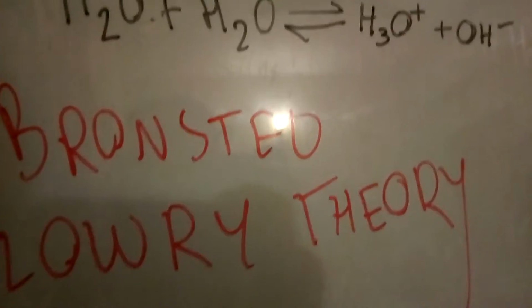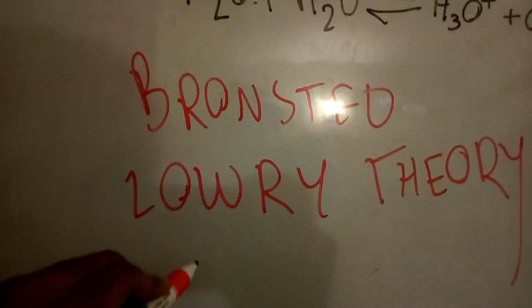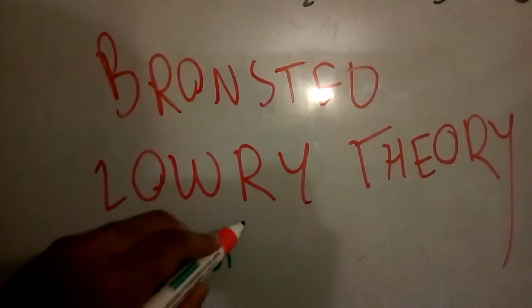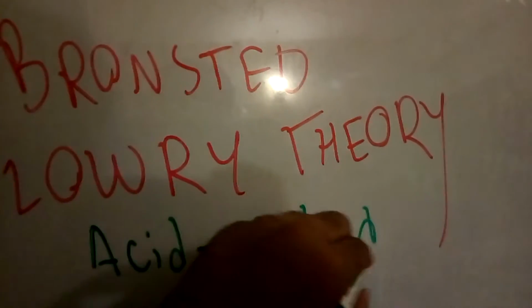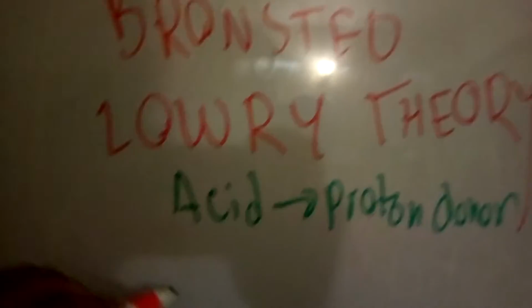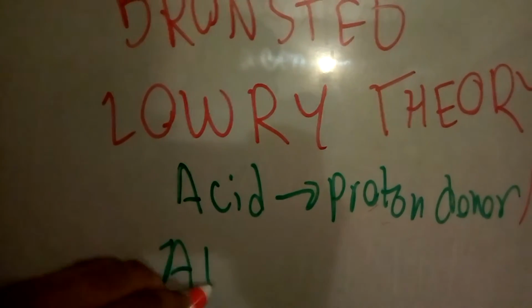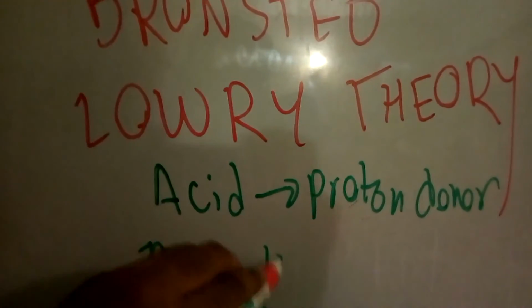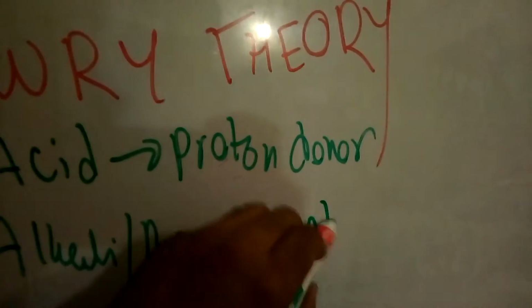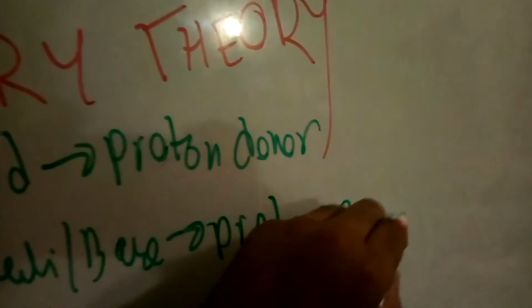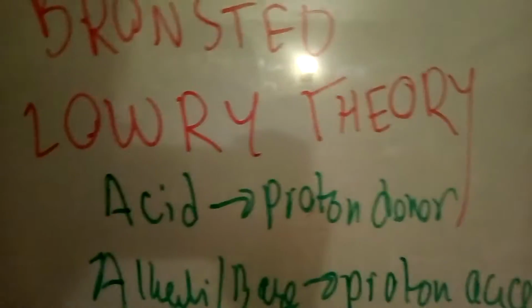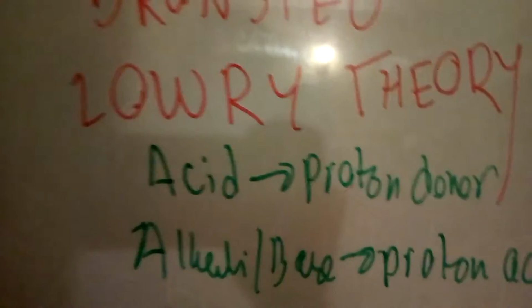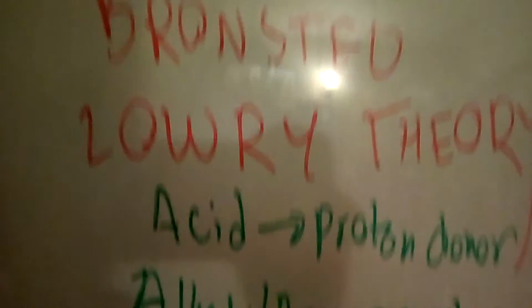The Bronsted-Lowry theory states that an acid is a proton donor while a base or alkali is a proton acceptor. Now this basically works in most cases, so you have to look beyond just hydrochloric acid and sodium hydroxide.